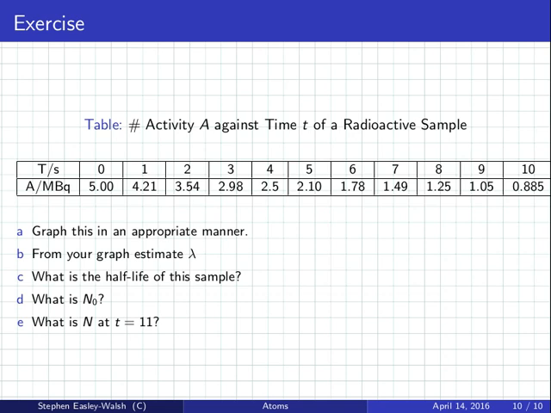Maybe I push mega hashtag atoms. I really don't like the mega there. I don't know why, I really don't like it. I would rather you write 10 to the 6. Or convert it into moles. You could use something like micromoles or something.